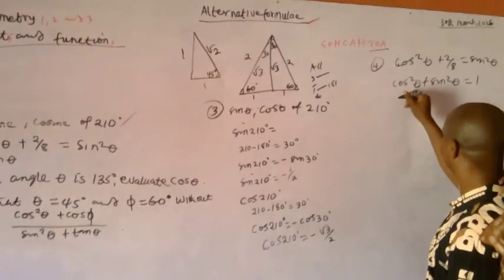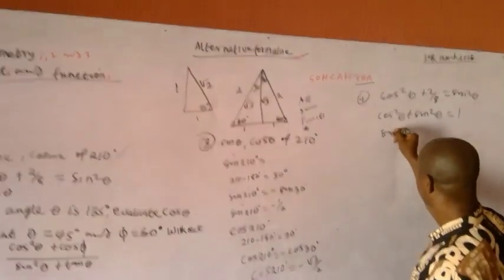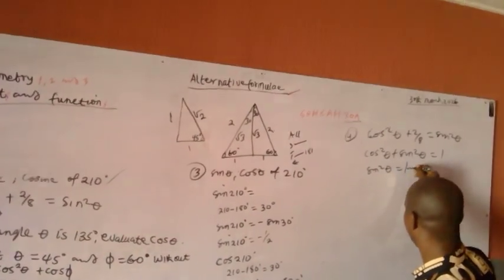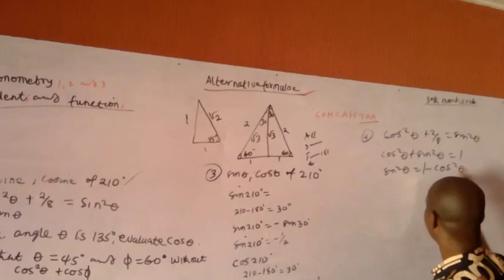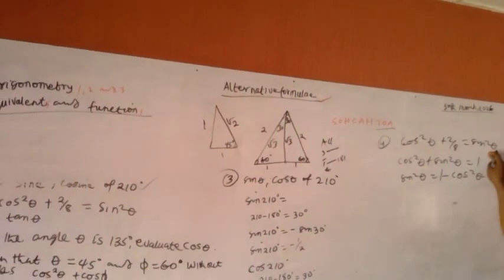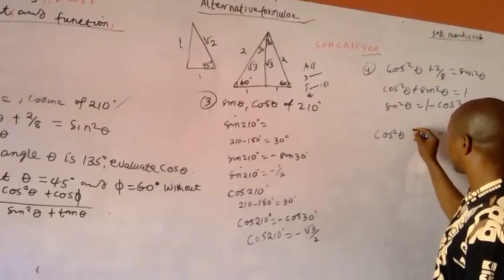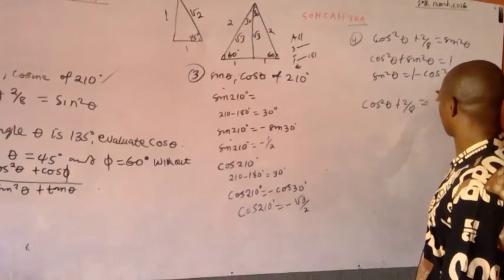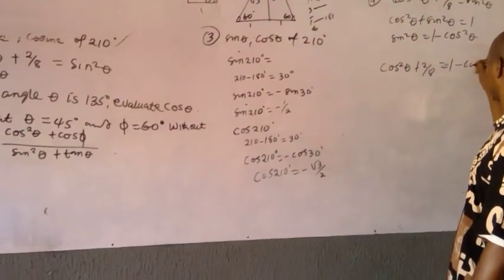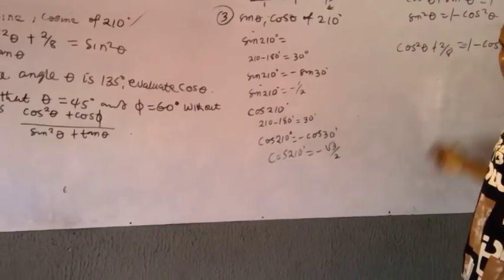So sine square theta is equal to 1 minus cos square theta. Where you see sine square theta, you can replace it with this, that is the idea. So here I just come back and say cos square theta plus 2 all over 8 is equal to 1 minus cos square theta.